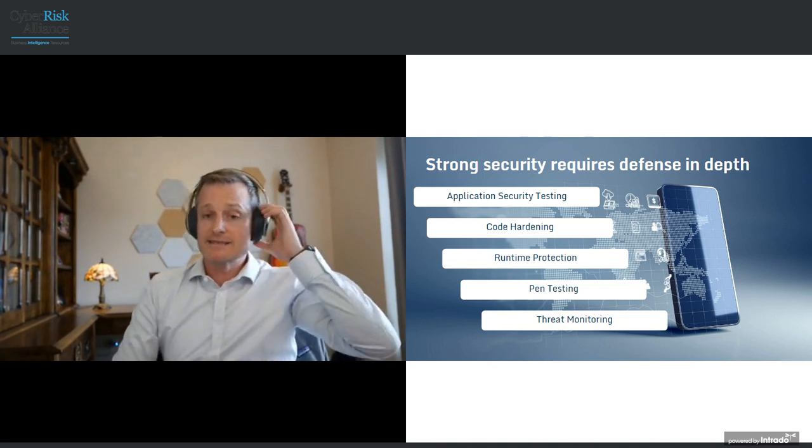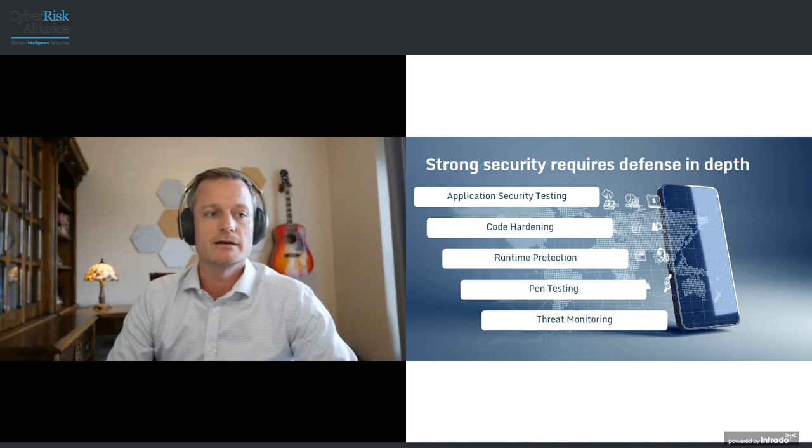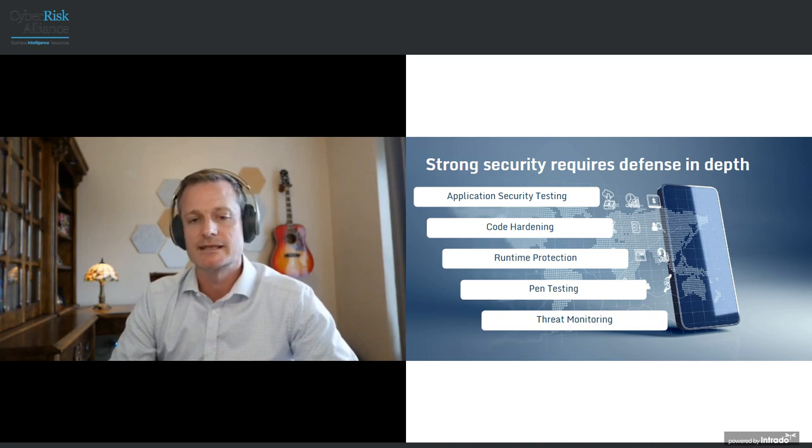And then we have pen testing. We think pen testing continues to be a later stage step you can take to give you even just more assurance, more eyes on the security risk of your application. So it's complementary to a lot of the practices and techniques that we've described so far.